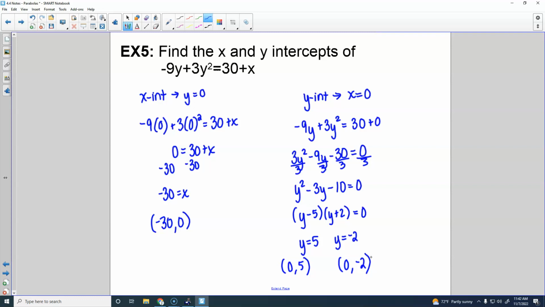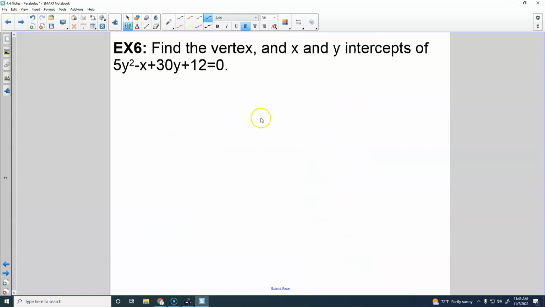If you have one y-intercept, you have 2 x-intercepts most of the time. There is a chance that you have a rare case where it just comes down and touches the x-axis and goes back up, where you only have one of each. It is possible not to have x-intercepts at all or y-intercepts at all for these as well. So I think that's probably enough practice with those, though that should be pretty straightforward for you guys.